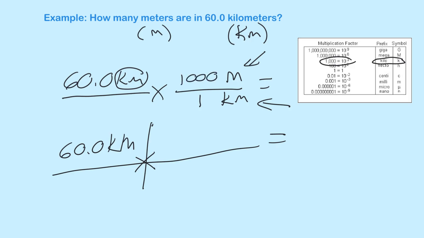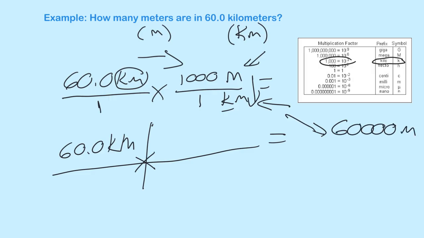I always put a 1 next to the unit with the prefix, in this case kilometer. Kilo is the prefix for kilometer. Then math-wise, I just do 60 times 1,000 and then divide by the bottom. On the bottom we have ones, so it's 60 times 1,000 divided by 1. And that means our answer, as you can probably figure out even without a calculator, is 60,000 meters.